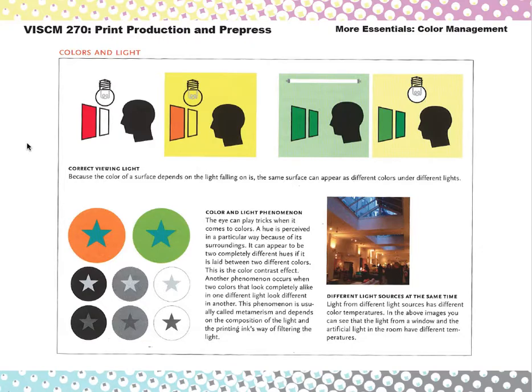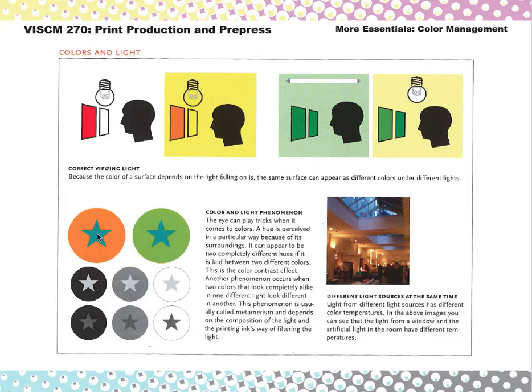So there's a lot of variables that change how we perceive colors, and I'm sure you've seen color illusions. That's something to keep in mind: when you are viewing color, what is the environment that you're viewing that color in, or where is that color placed next to other colors, because that'll affect how you see light or color.